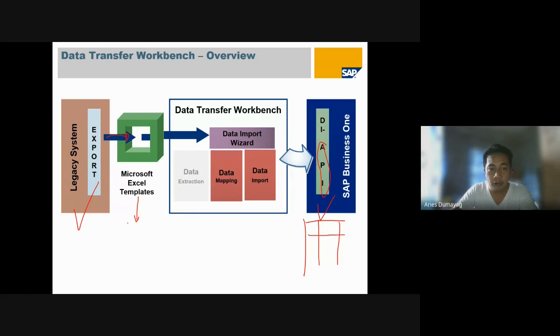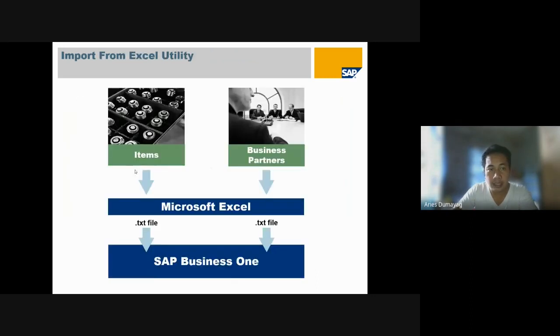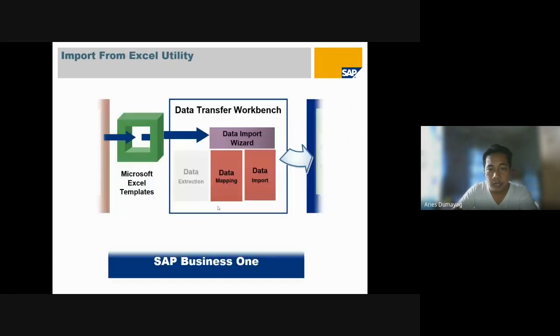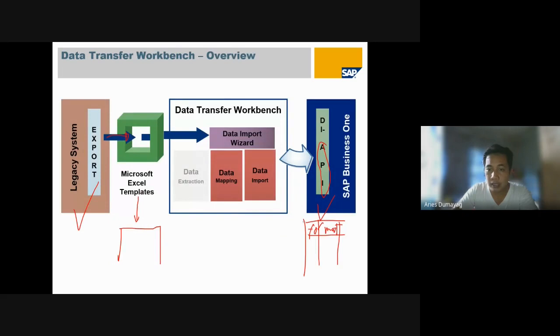Dapat yung Excel format mo the same with the actual format na nandito sa kabila. Okay? So format of your current system with the actual fields and tables that you would like to import, such as a business partner table and then the item master, no? Kapag parehas sila, there's no problem.